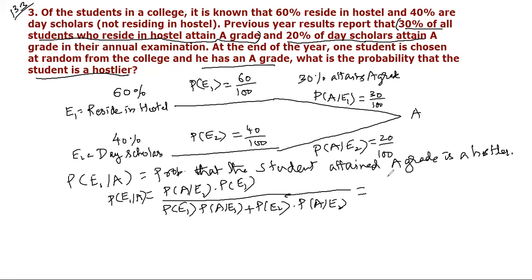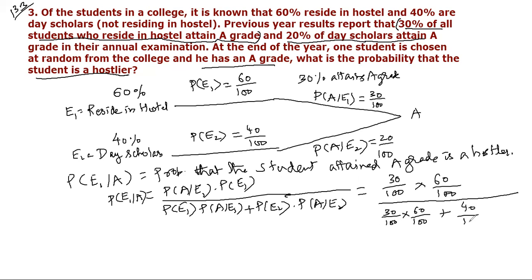Now substitute the values. So 30 upon 100 into 60 upon 100, divided by 30 upon 100 into 60 upon 100 plus 40 upon 100 into 20 upon 100.